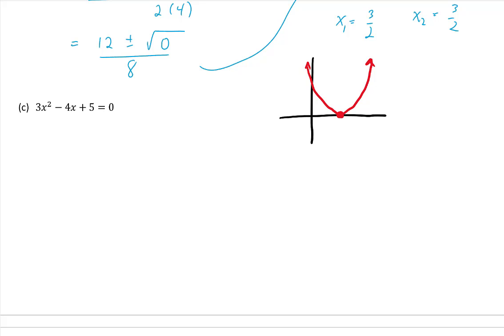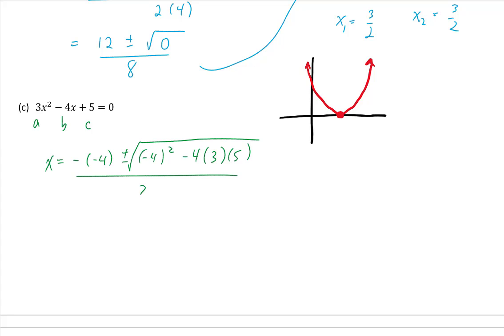So in this last one, here's our a, here's our b, here's our c. So we get x equals the negative of negative 4 plus or minus the square root of negative 4 squared minus 4 times a times c, all over 2 times 3. Again, if we simplify this expression, we get 4 plus or minus the square root of, well, here we have negative 4 squared minus 4 times 3 times 5.